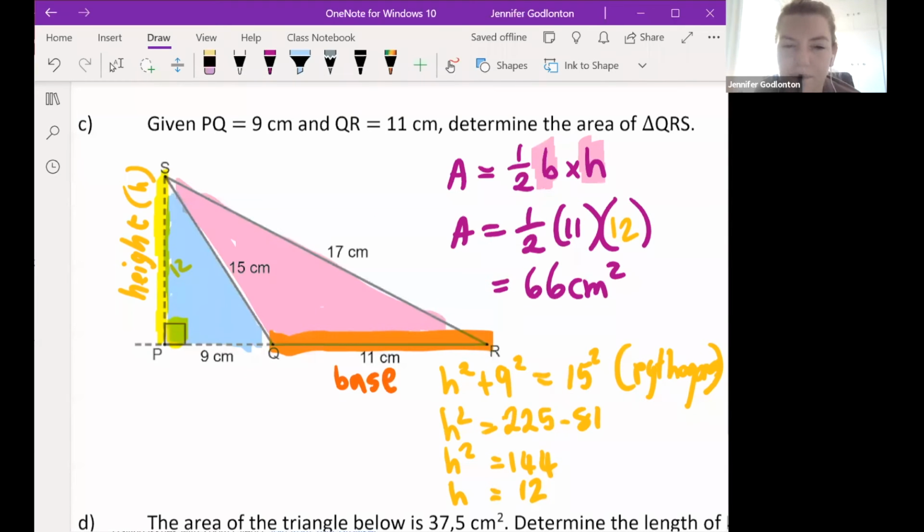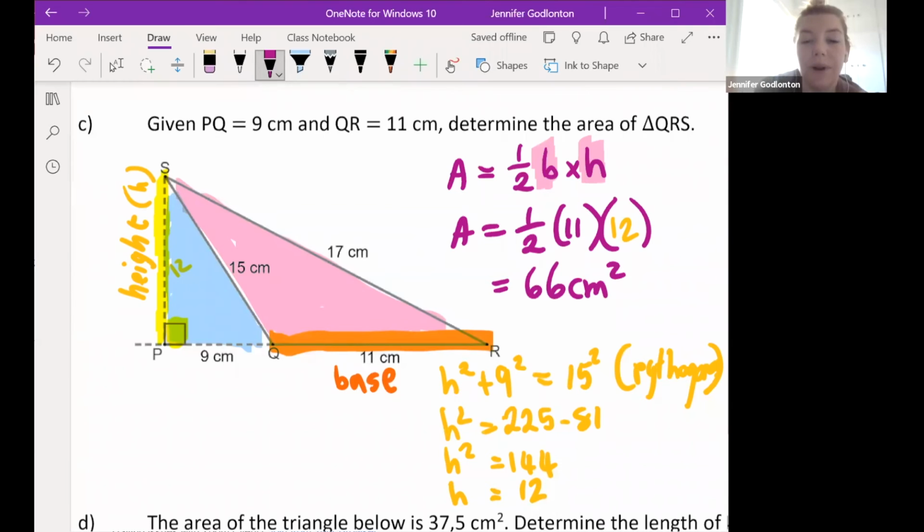Ma'am, in our main equation, area equals a half times base times height, we were using 11 since we are trying to find the area of the obtuse triangle. And then you said we are not going to use 9 centimeters because it's not part of the triangle. But then when we were trying to find the height of the perpendicular triangle, you used 9 centimeters instead of the 11 centimeters that we were going to use originally.